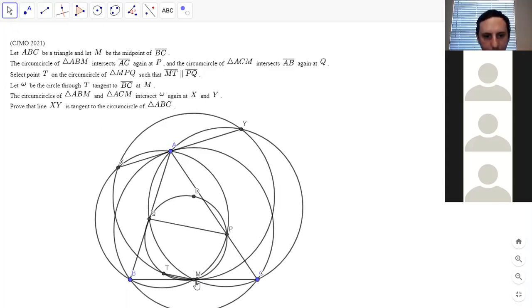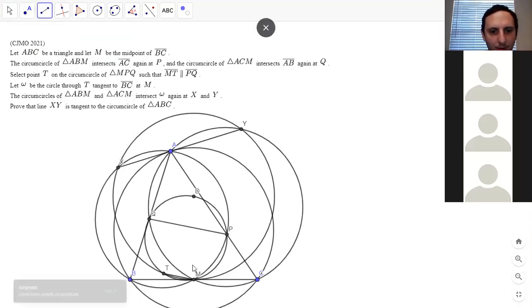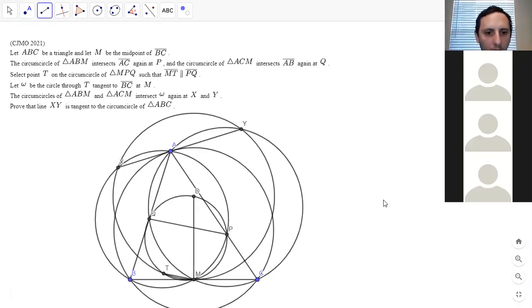Or we could draw these two circles and then we want to show that MT is parallel. Wait a sec. We can define D as the intersection of the perpendicular from M to BC and the circle PQM, and we want to prove that DM is an angle bisector.